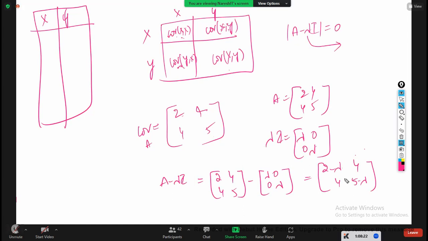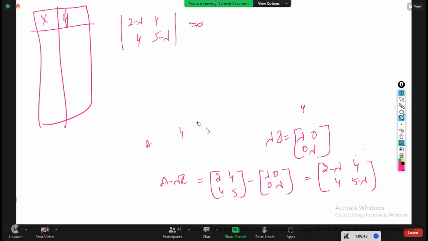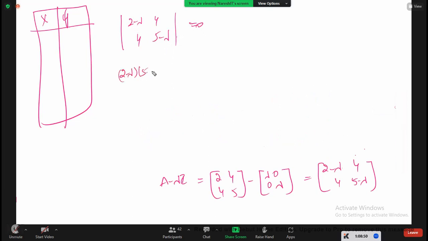This is the A minus lambda I matrix. For this matrix, you are going to calculate the eigenvalues. How to calculate the eigenvalues? You just have to take the det. That is 2 minus lambda, 4, 4, 5 minus lambda. This det should be equal to 0. Now, how to calculate the det? Det is nothing but AD minus BC. You multiply these 2 values, that is 2 minus lambda into 5 minus lambda, minus these 2 values, that is 4 into 4.